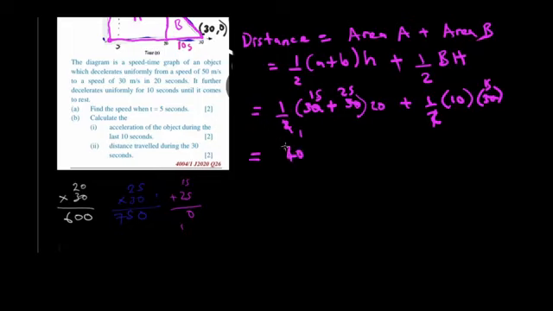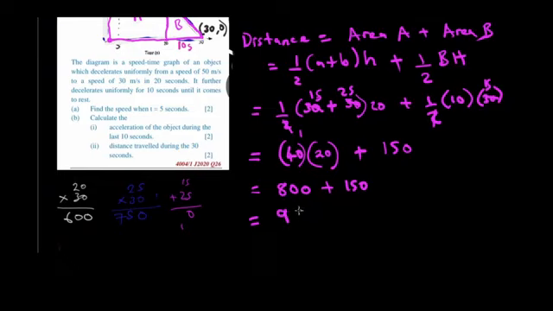So here we have 40 multiplying 20. Then we add this to 10 times 15, which is 150. What is 40 times 20? 40 times 20 is going to be equal to 800. Then we add 150. Again, we are going to get 950 meters.